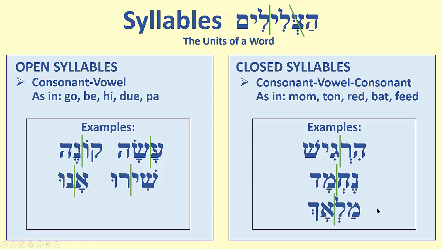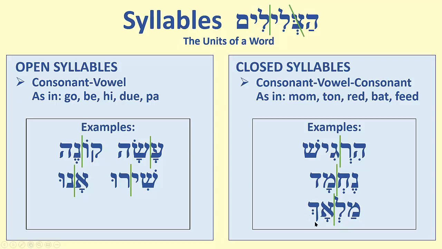On the right, we have the examples of closed syllables. These words all have closed syllables in them. Hirgish. The next one is nechmad. The last one is malach.